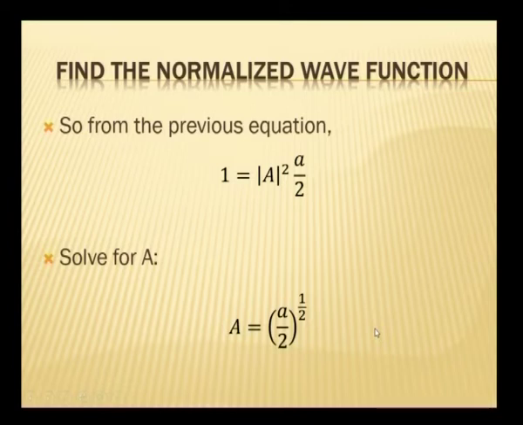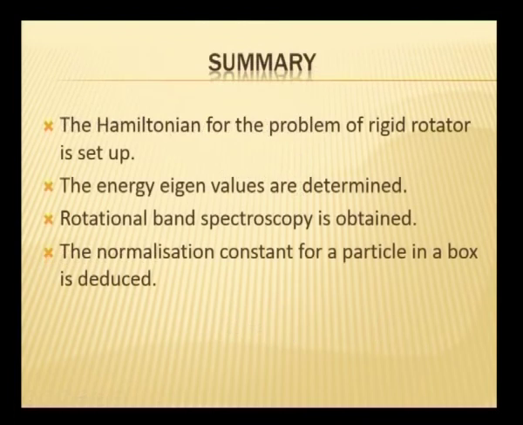We will now pass on to the summary of the present lecture. The Hamiltonian for the problem of a rigid rotator is set up. The energy eigenvalues are determined, rotational band spectroscopy is obtained, and the normalization constant for a particle in a box is deduced.